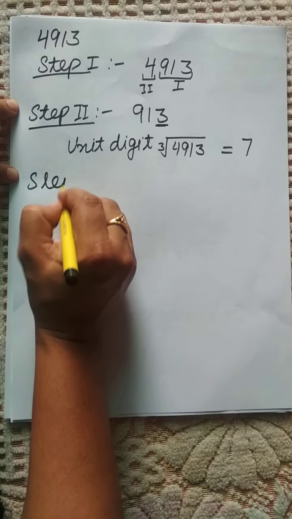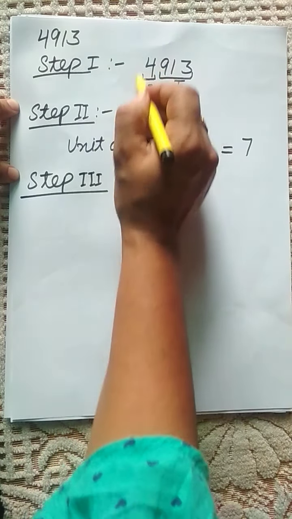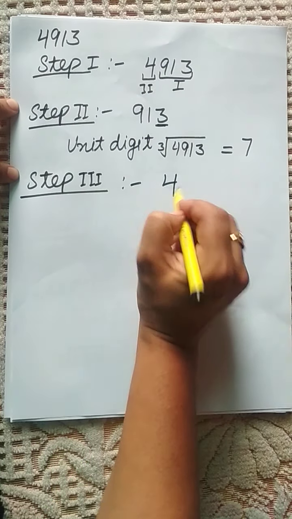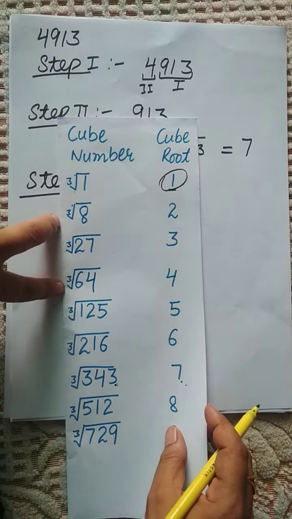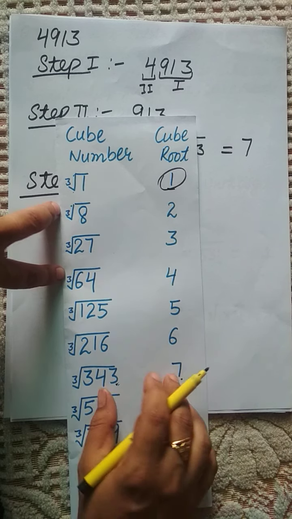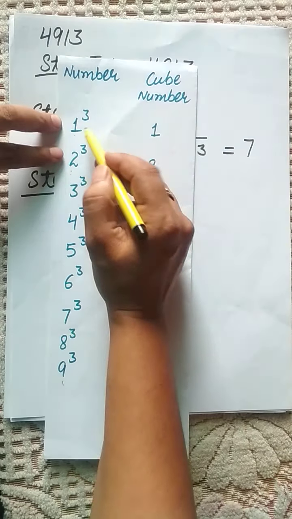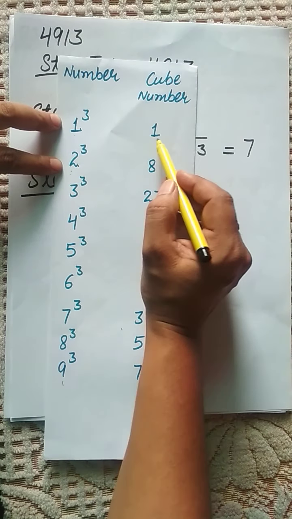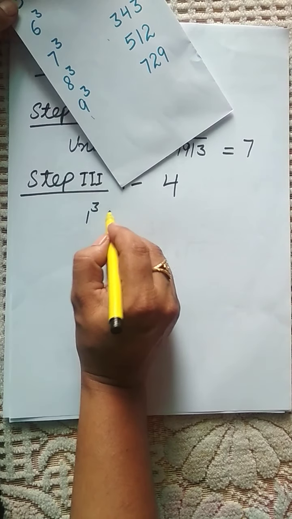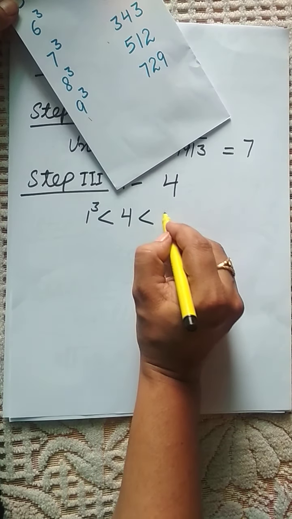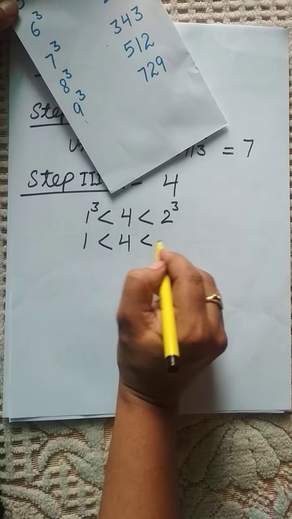And the third step, I will see the second group, that is here I have the number 4. Now I will see from the chart again where 4 is lying. Students, 4 is lying between the cube of 1 and cube of 2. We can write here as cube of 1 is lesser than 4 is lesser than cube of 2. Cube of 1 is 1, cube of 2 is 8.